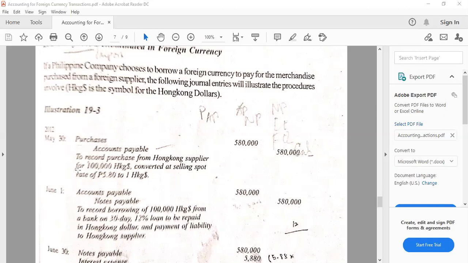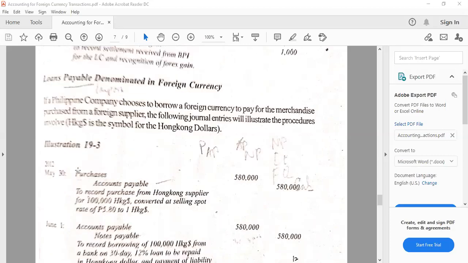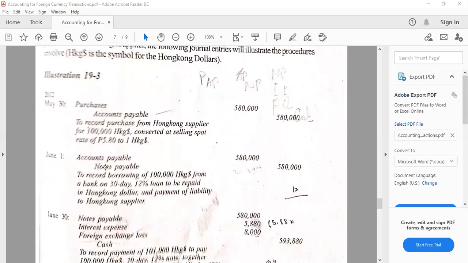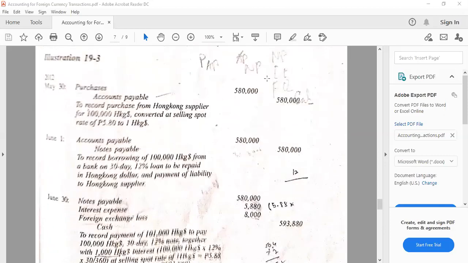But at the settlement date, if that goes beyond the reporting date, there would be a gain or loss both on the principal and interest. So this is one thing that learners sometimes miss when we talk about loans payable and loans receivable.